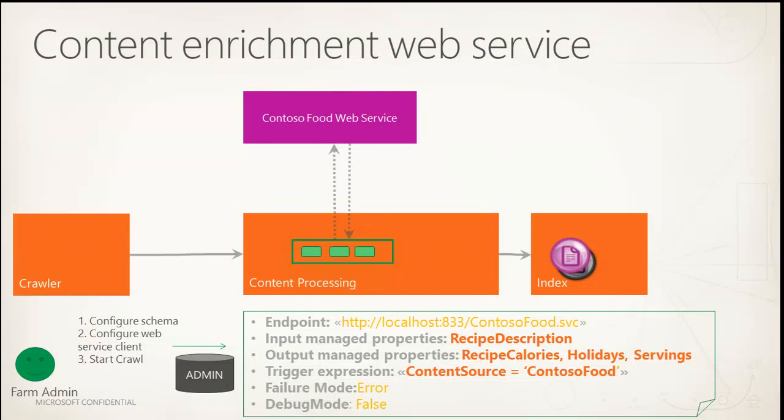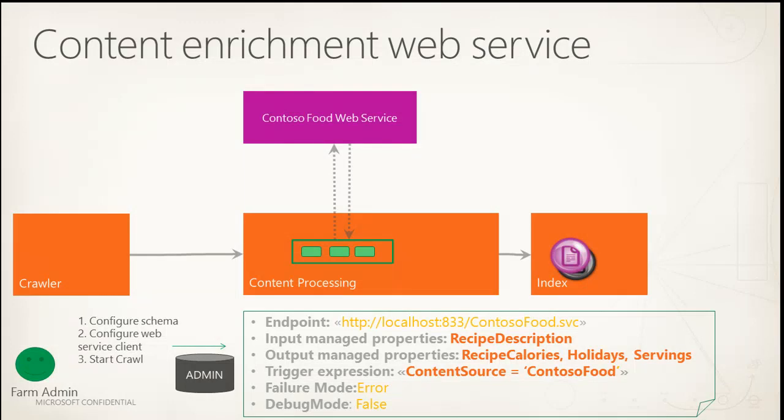There are a couple more things I wanted to call out, and one is the failure mode. You remember I talked about callbacks earlier, the fail callbacks and successful callbacks. Now, if you set your failure mode to be error and something happens when you do the web service callout, for example your web service is down, in that case the content processing component will send a fail callback to the crawler, and you'll be able to see in the crawl log that the item failed and why it failed.